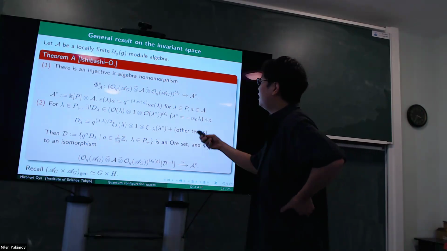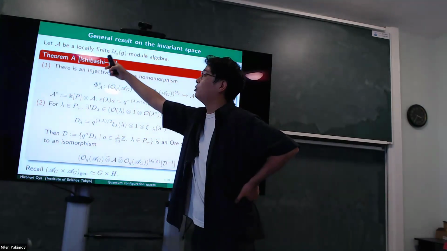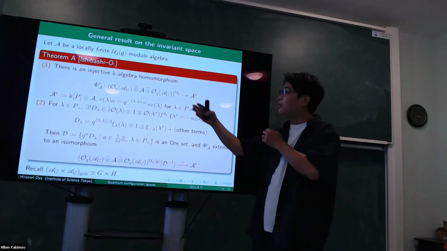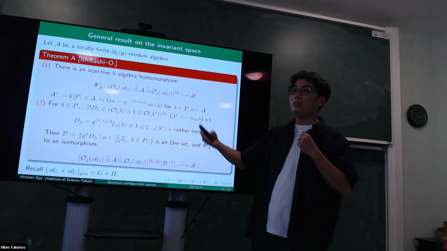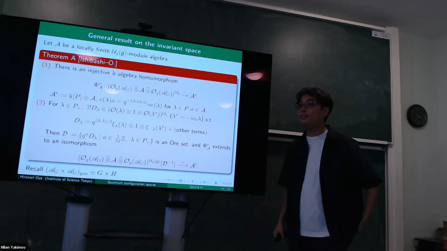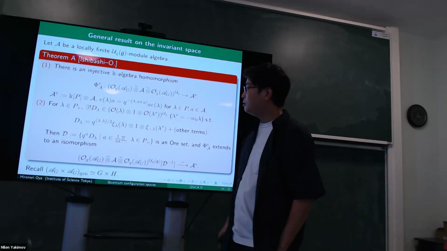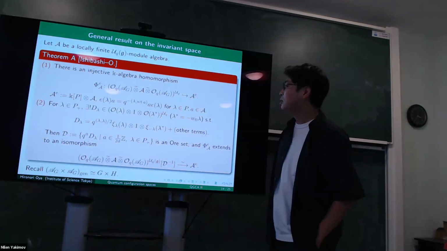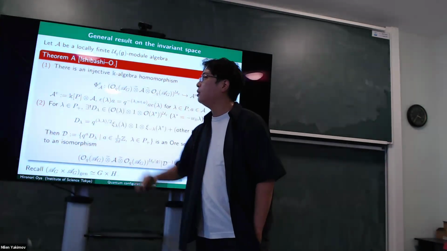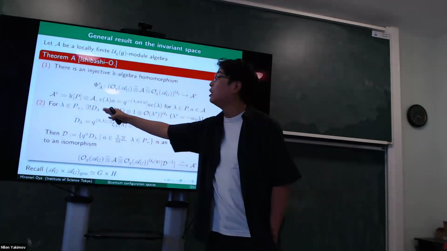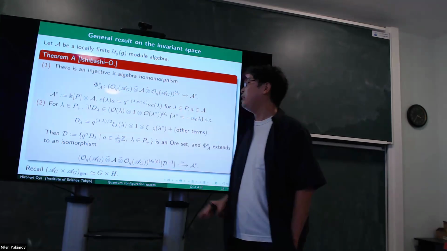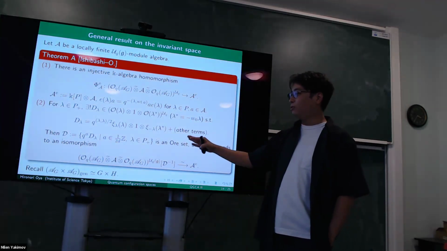This is a UQG modular algebra, so we can consider the weight space decomposition by the Cartan. And the second point is that for each lambda plus, we have some numerical element in this space, and it forms an Ore set.